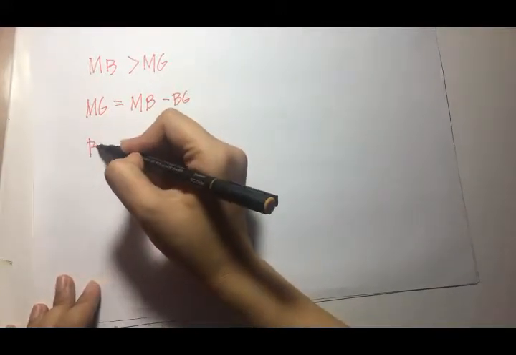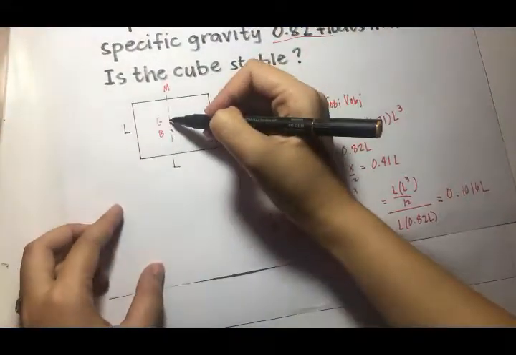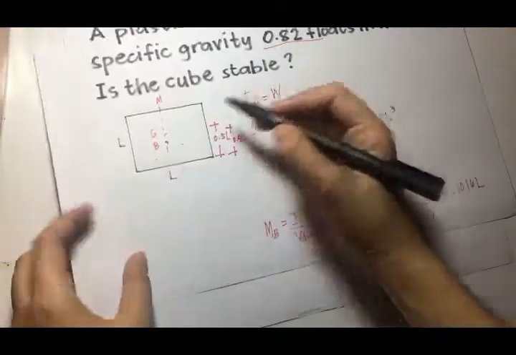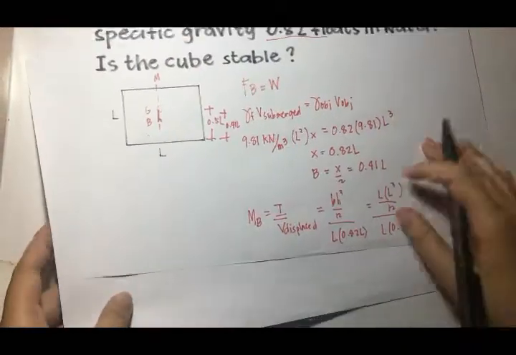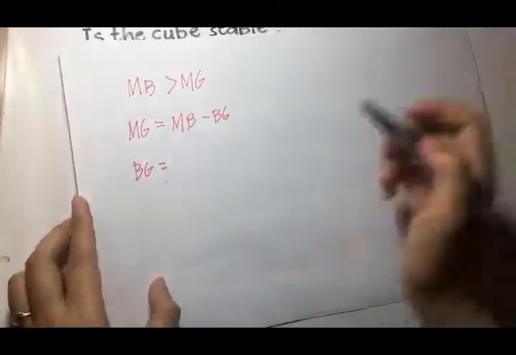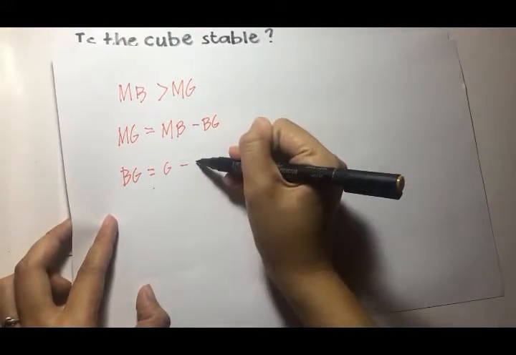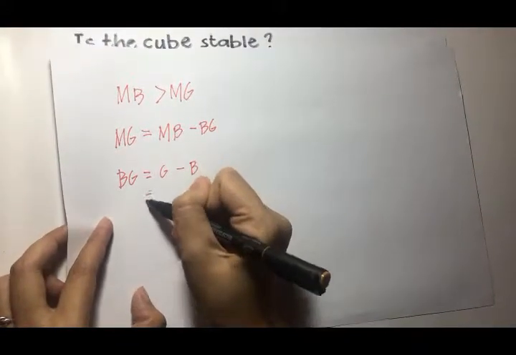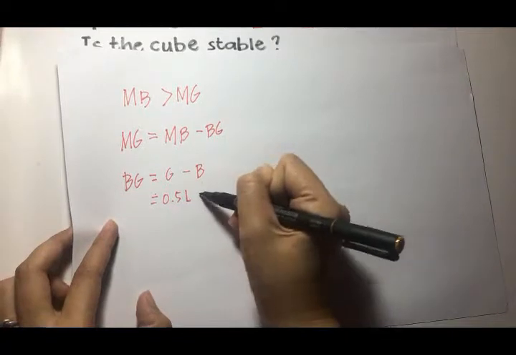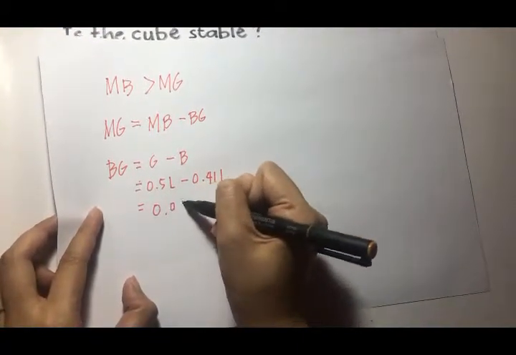So, our BG, from the figure here, this is our BG and our MB. We can solve our BG by simply subtracting the distance of our center of buoyancy from our center of gravity. So that would equal 0.5 L minus 0.41 L, which is 0.09 L.